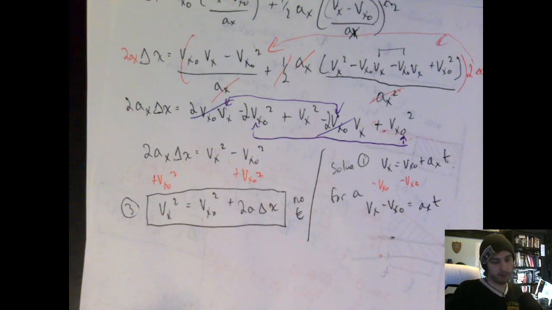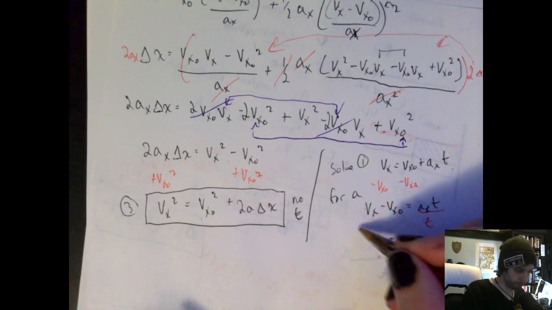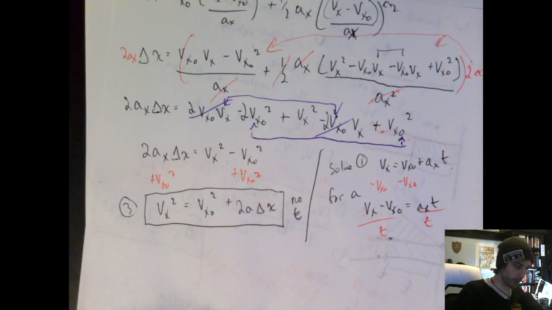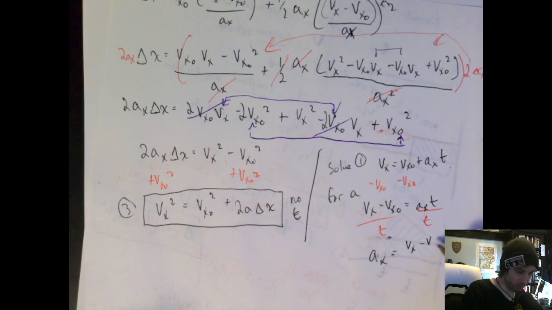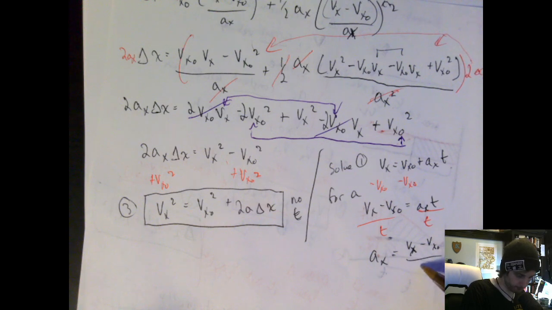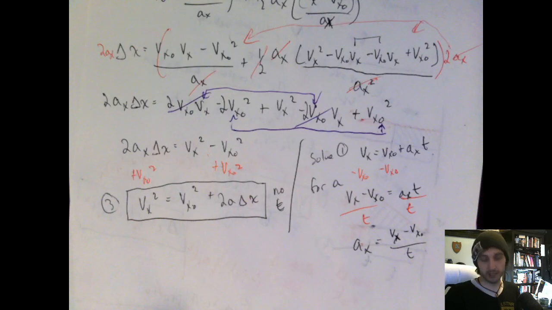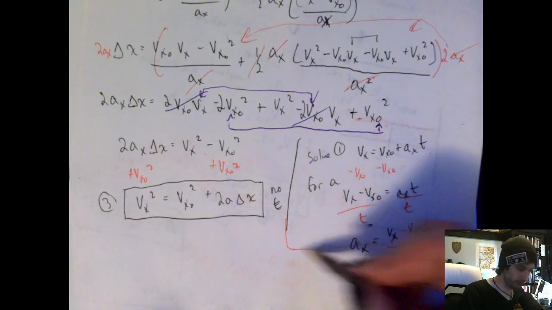But now instead of dividing by Ax, we're going to divide by t. So we've now got a way to represent acceleration in terms of the other stuff so that we can get rid of acceleration if we plug it into one of the other equations. I'm going to take this and plug it into equation 3.